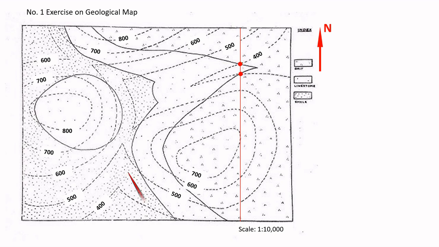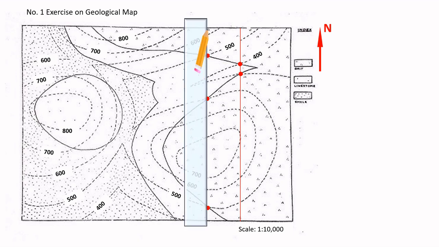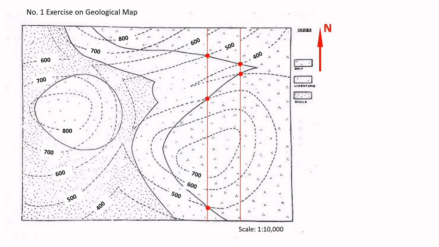The same bedding plane intersects the 500-meter contour at three distinct points. One is here, another is here, and another is here. The line joining these points will represent the strike of the bedding plane at 500-meter elevations. Again, the same bedding plane intersects the 600-meter contour at three distinct points.